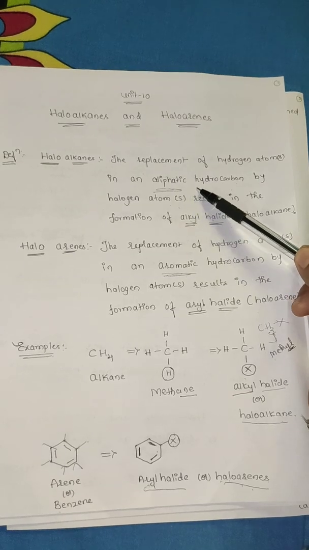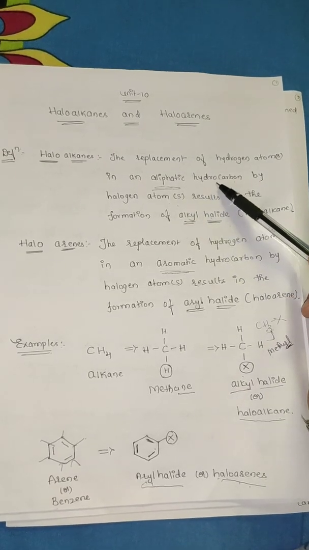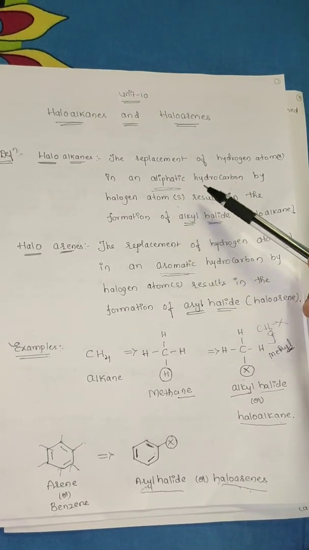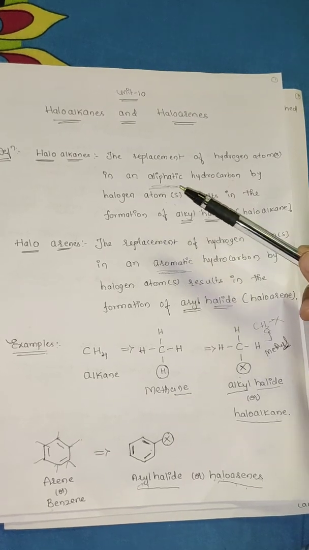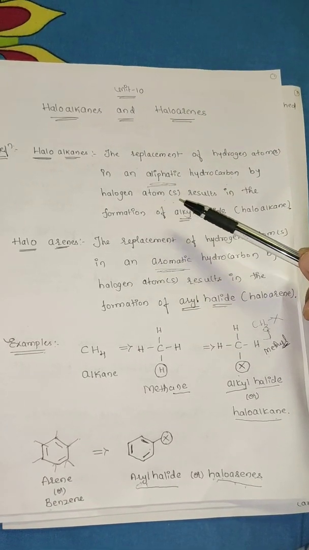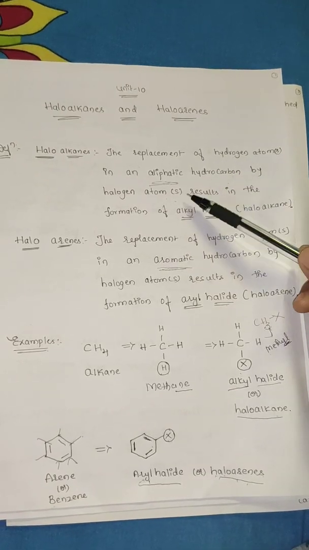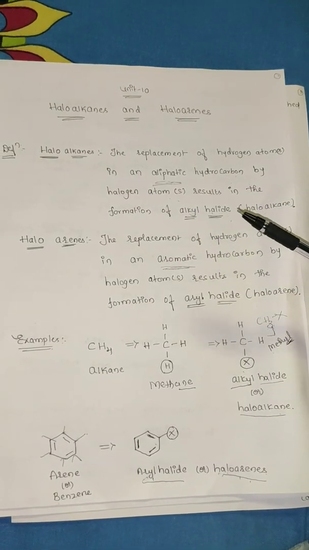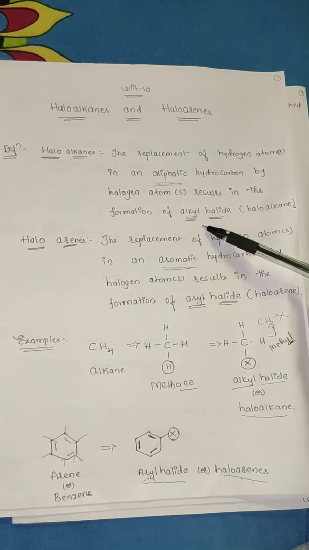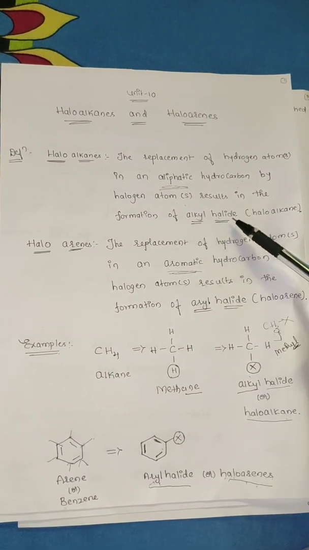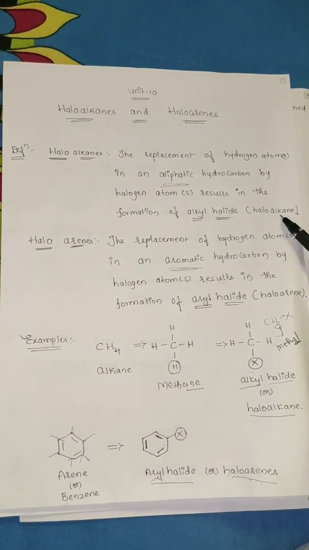Such compounds are called aliphatic hydrocarbons. In that aliphatic hydrocarbon, hydrogen atoms must be replaced by halogen atoms. It results in the formation of a compound called an alkyl halide or haloalkane.